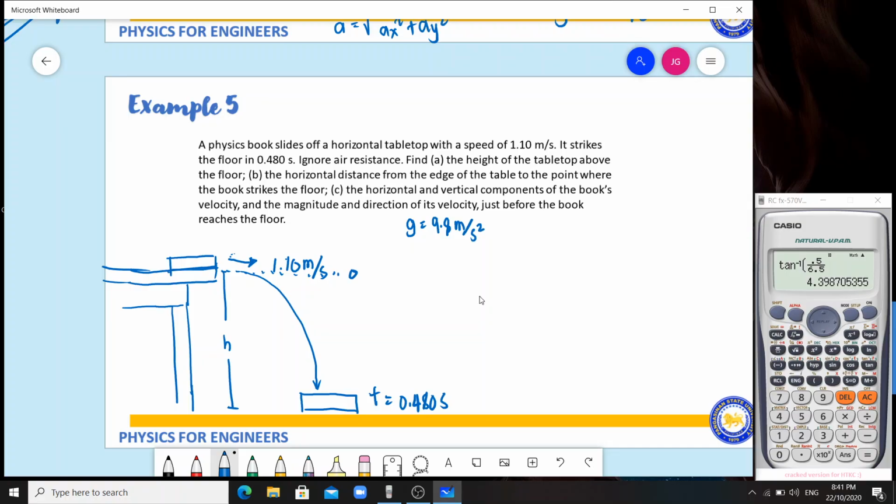So, kung ang height ang hinahanap, meron tayong formula na diba, y is equals to y0 plus v0y t minus 1 half g t squared, diba?